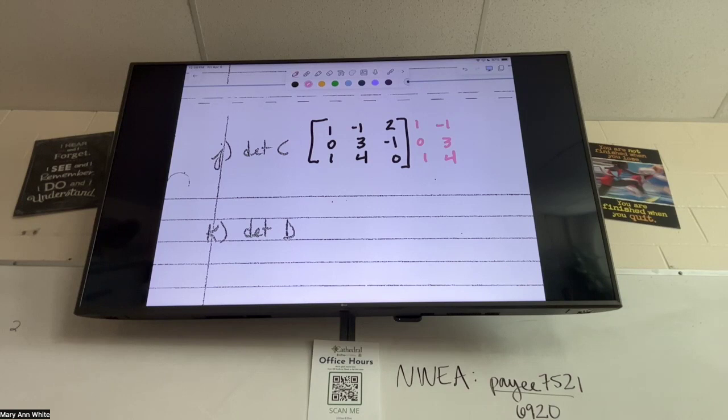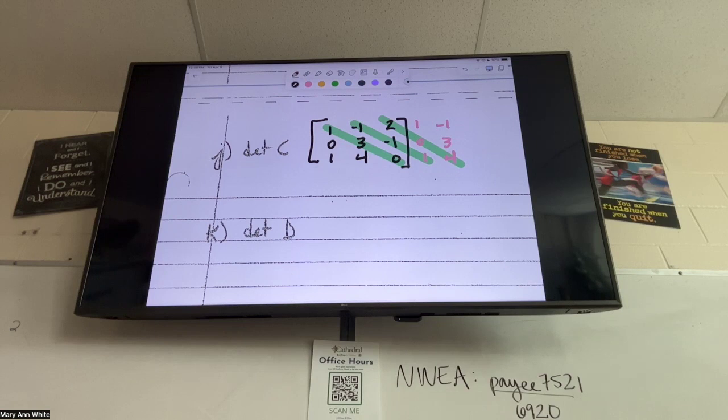So we're gonna multiply again along the diagonal. So I've got 0 times 1 times 3 times 0. -1 times -1 times 1, and then 2 times 0 times 4. Those are all gonna go together. I'm just gonna multiply those out and we're gonna end up adding those together.